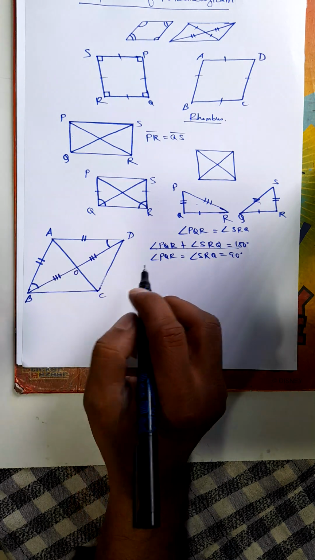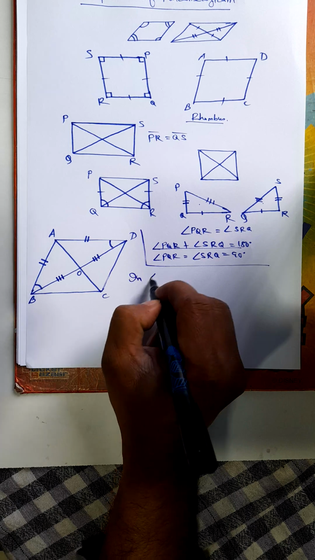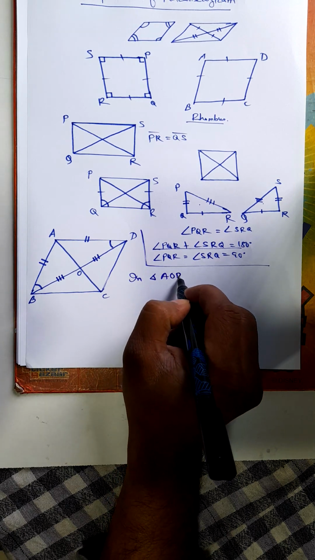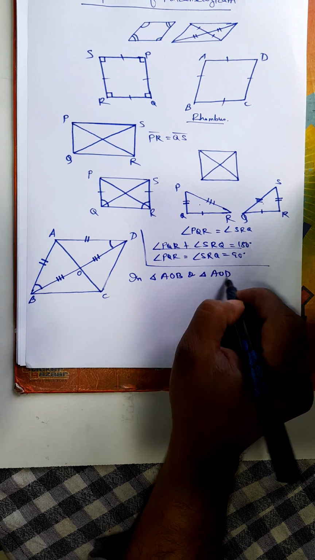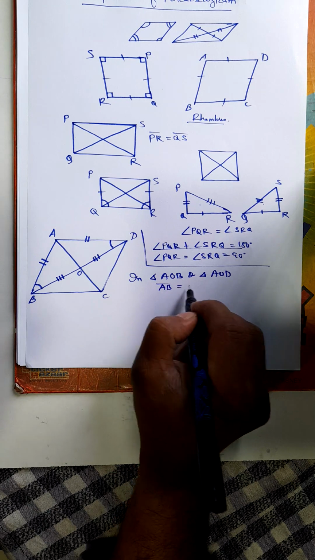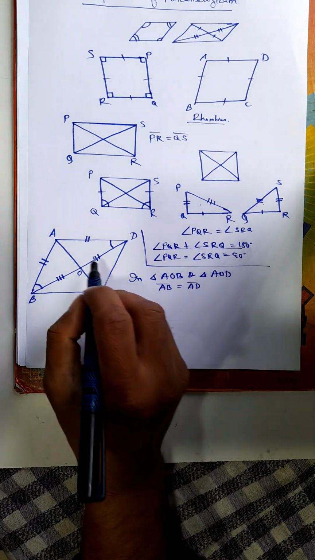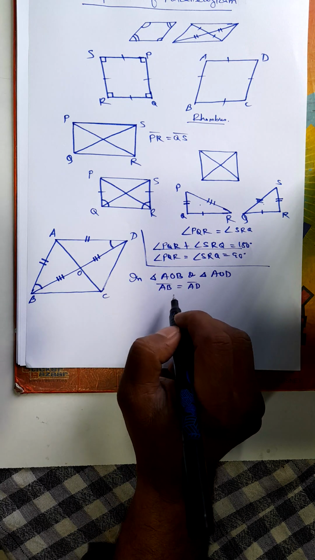So in these two triangles, triangle AOB and triangle AOD, you find that AB equal to AD. Since it is a rhombus by definition, all sides are equal, AD equal to AB.